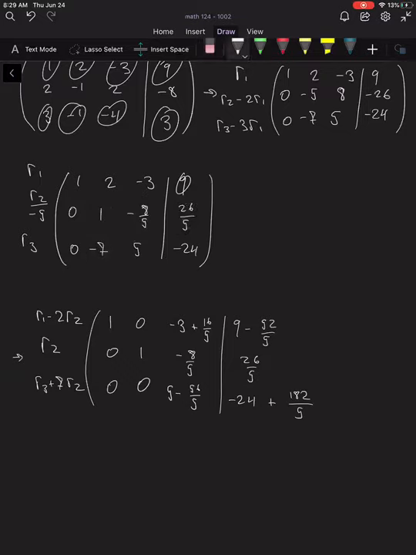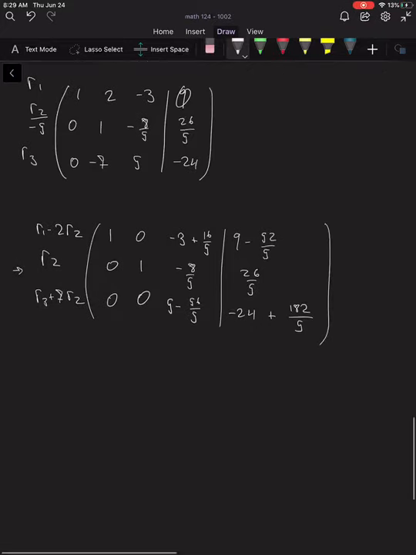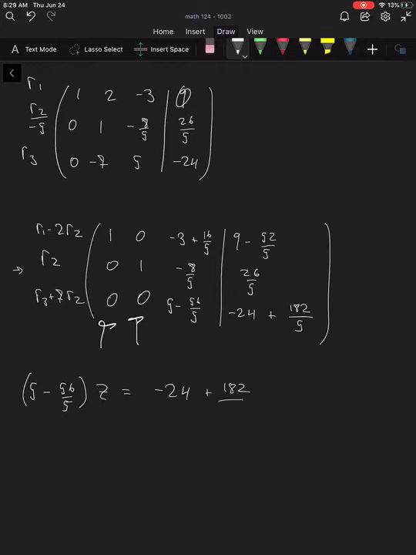Okay, so let's look at this bottom row. What does this bottom row mean? This means we have 0x, 0y, and then 5 minus 56 over 5, times z, is equal to minus 24 plus 182 over 5.